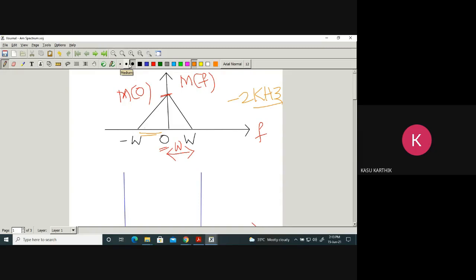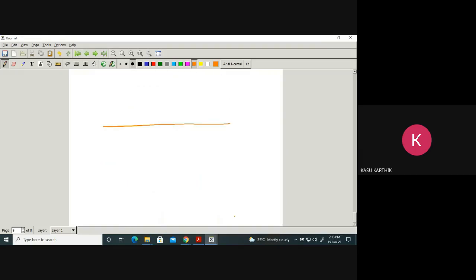Then why do you write it? You write it for the sake of mathematical viability. You might have studied in your S&S course: if x of t is real, what about mod of x of omega? How should it be?